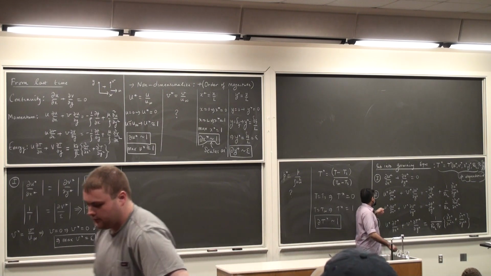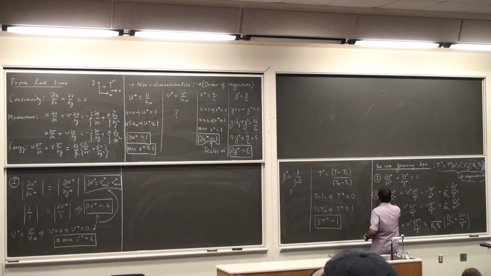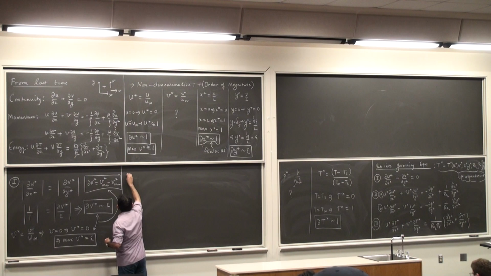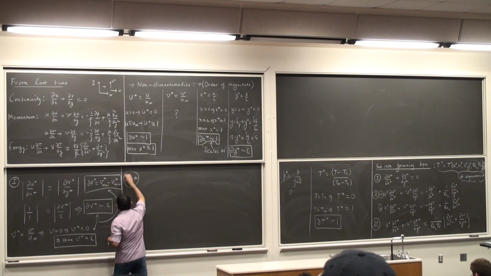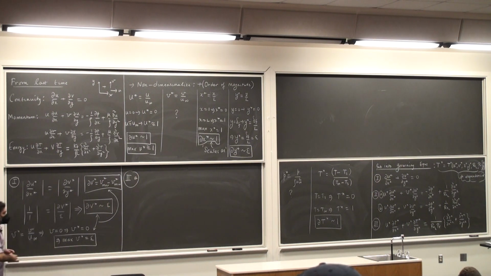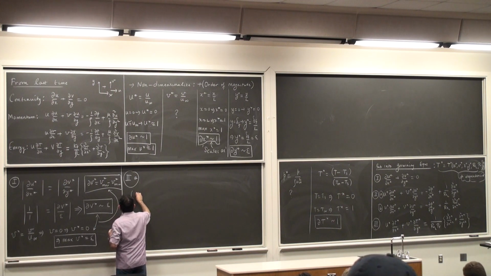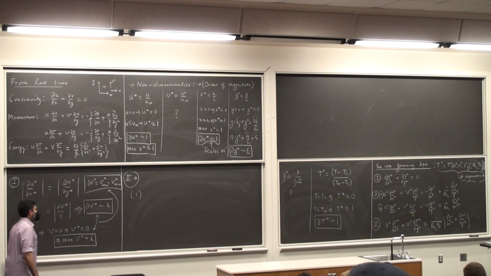Let's now take a look at equation 2a. This is 2b. And we're almost there. So if I look at equation 2a, let's start writing all the scaling. So u star is 1, maximum value.